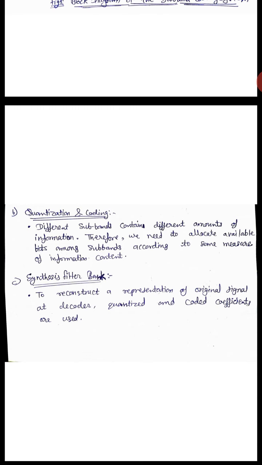We can do this by using 1 bit per pixel for each sub-image, or we could discard 2 sub-images and use 2 bits per pixel for the remaining 2 sub-images, or we could use all 4 bits per pixel for the first sub-image and discard the other 3.